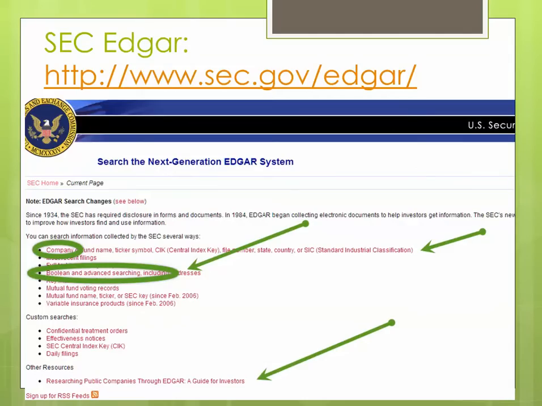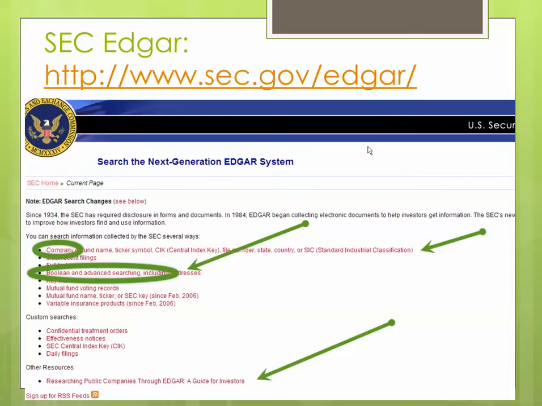So this is a picture of the SEC Edgar website, and I've given you the URL. And you can also run searches here. It's just that your search mechanism isn't as advanced, but this is where all the underlying SEC filing documents are. This is where Bloomberg's pulling it from, this is where Knowledge Mosaic's pulling it from.